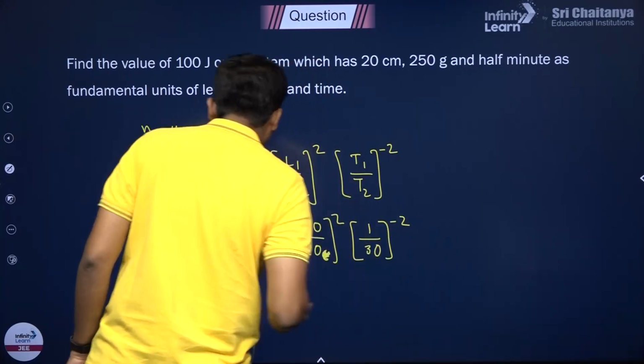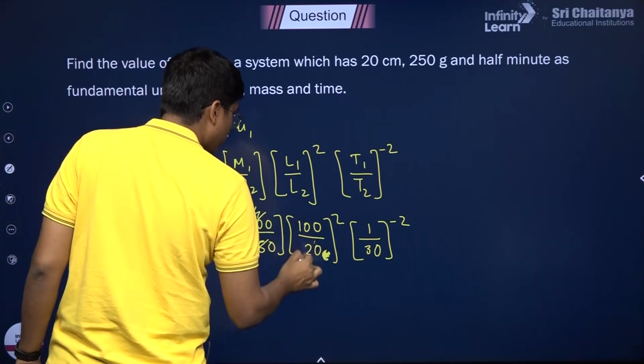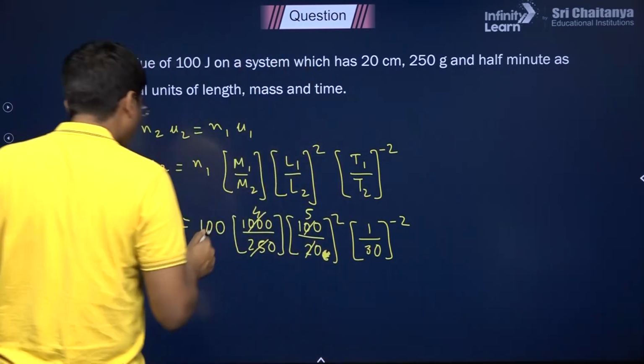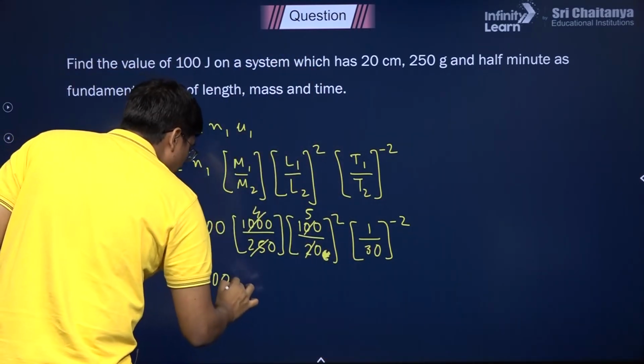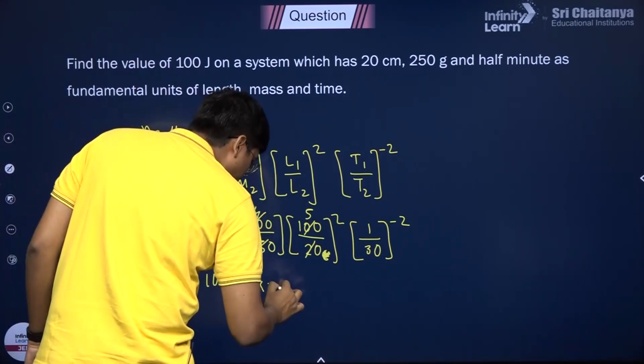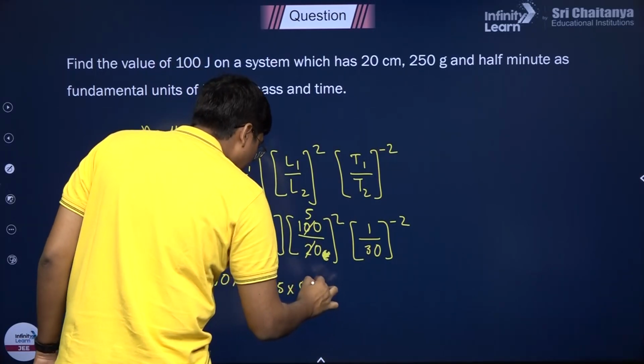This is to the power minus 2. So let's calculate this. Cancel out, you get 4 here, this gives you 5, and you have 30 square up top. So it's 100 multiplied with 4 multiplied with 5 square, which gives 25, into 30 square, that is 900.